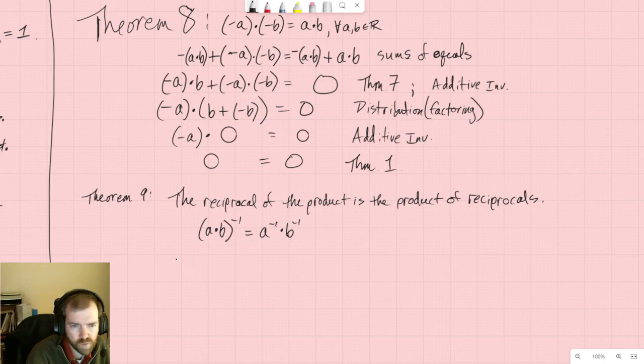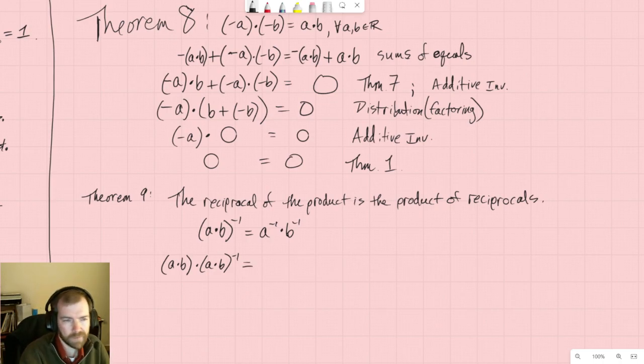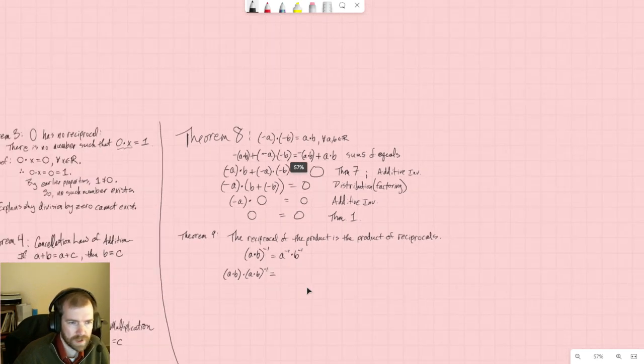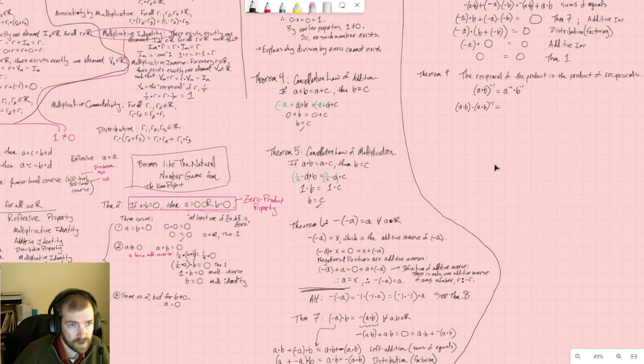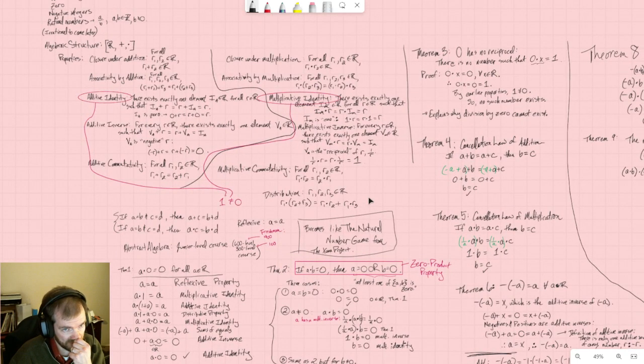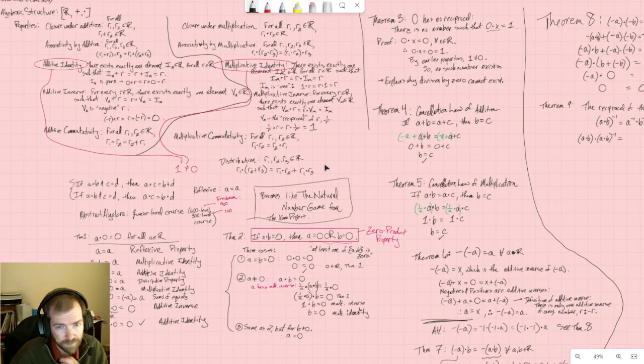But we left multiply a times b times a times b raised to the negative first. Right, this harkens back to the stuff we did before. We're looking for multiplicative inverse.